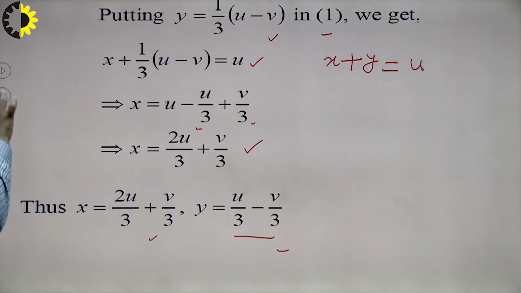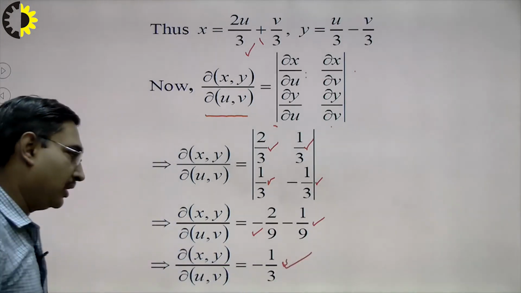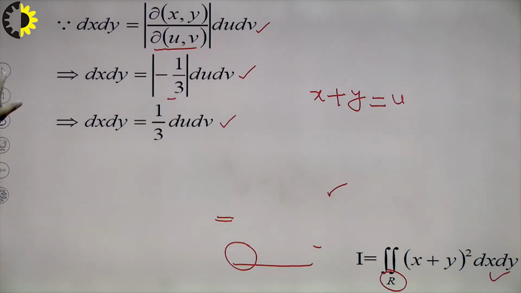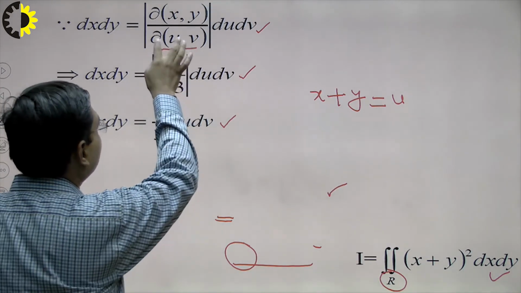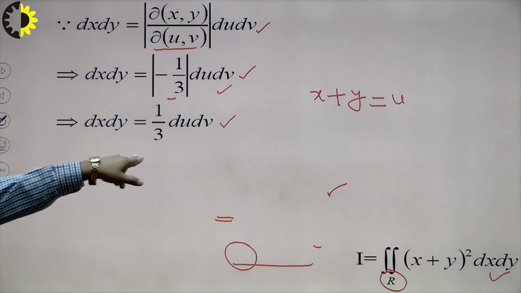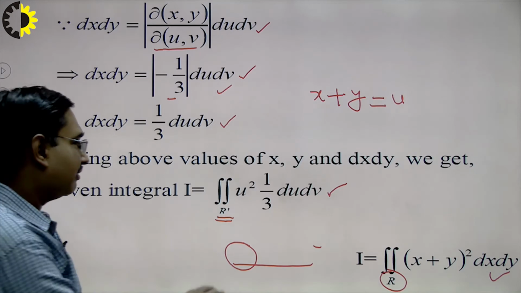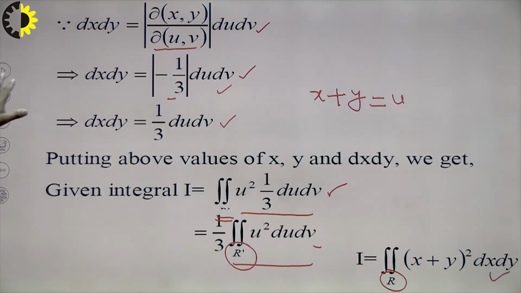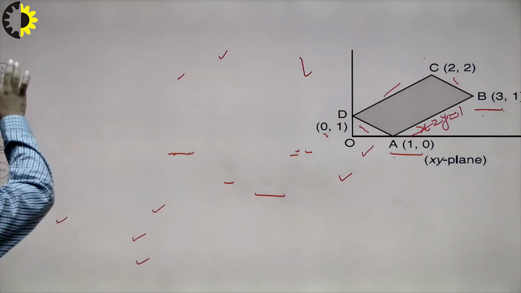Using these values, I calculated this Jacobian del xy upon del uv. Then dx dy was calculated using dx dy equal to mod of Jacobian du dv, and its value became 1 upon 3 du dv. By doing so, the integrand was completely converted into u and v. Now, we have drawn the region in the xy plane.